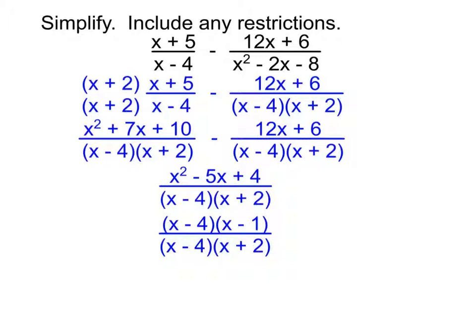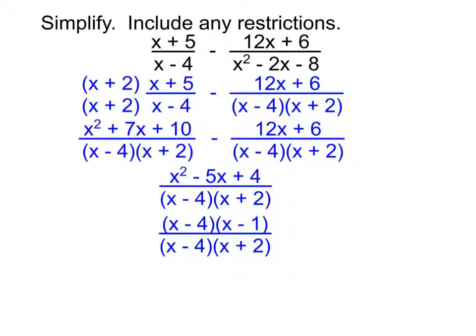Notice there is some simplifying we can do then, because in both the top and the bottom, I see an x minus 4. You notice the helpfulness of leaving the bottom in factored form now. I didn't have to refactor my denominator. Whereas if I had expanded it out up here, I'd have to factor it at this point in order to be able to know if it was reducible.